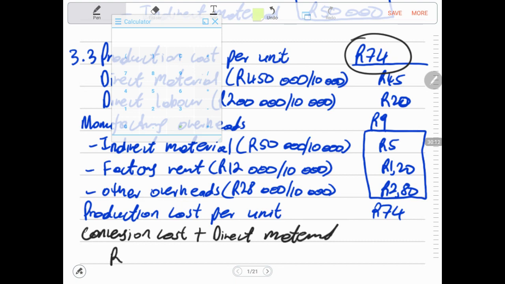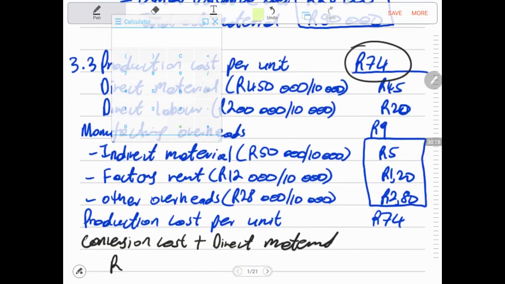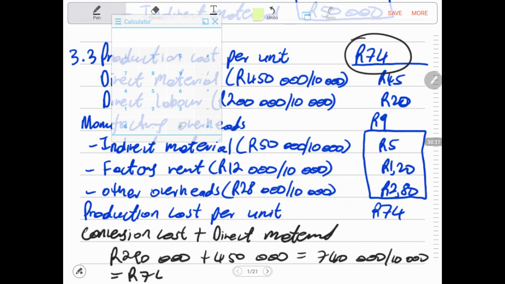Our conversion cost, we calculated it as 290,000. Our material is 450,000. So we can say 290,000 plus 450,000. This gives us 740,000 rands. And we divide this by 10,000. And this will give us the same 74 rand.